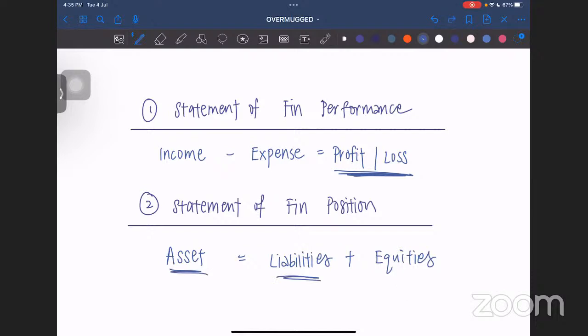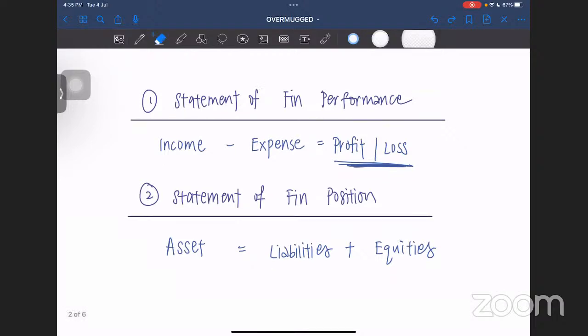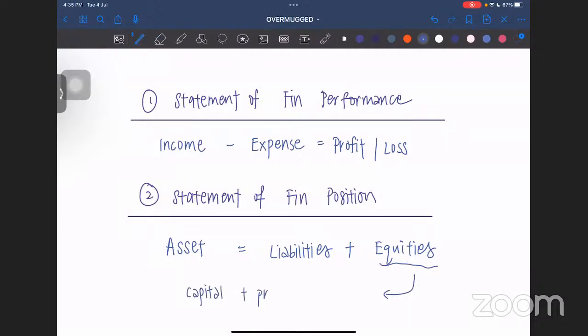Again, this ties back to my knowledge in the first two chapters, right? What's the accounting equation? A equals L plus E. And then for E, we also learned that we can further expand this formula, right? Equity I can further expand to capital plus profit minus drawings.